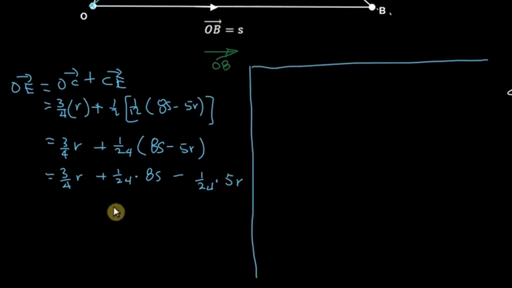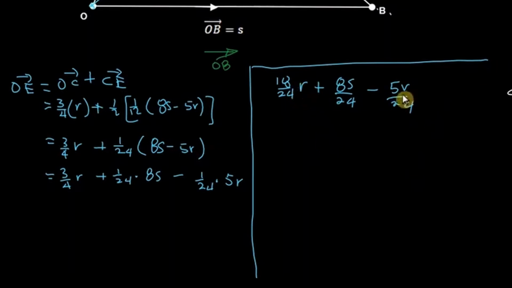So we could continue and we could change all denominators to 24 by multiplying this fraction by 6, both the numerator and the denominator. So that's 18 over 24 R plus 8S over 24 minus 5R over 24. Now we have the same denominators.